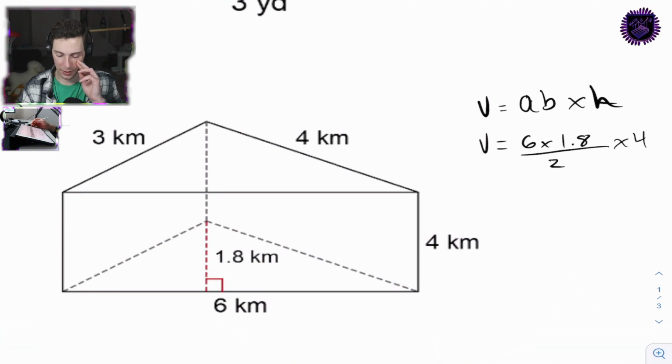Now, 6 times 1.8 is going to be, oh, excuse me. 6 times 8. 24, 48. 10.8.